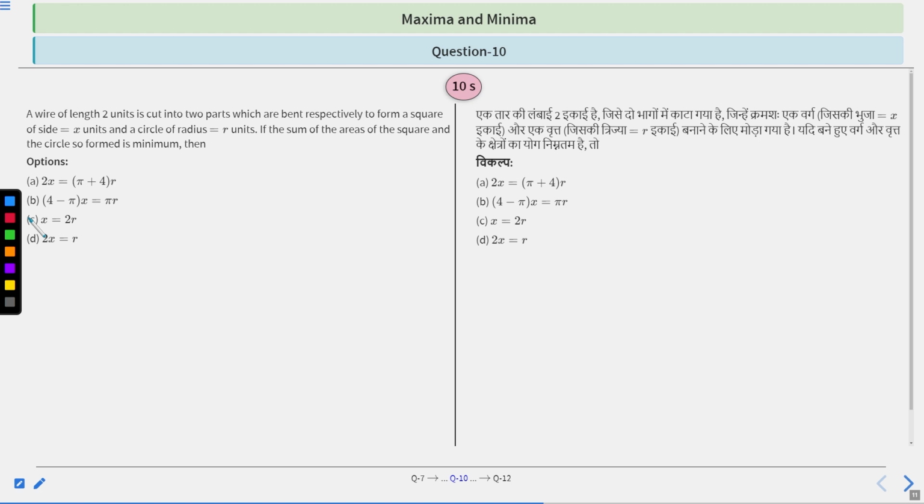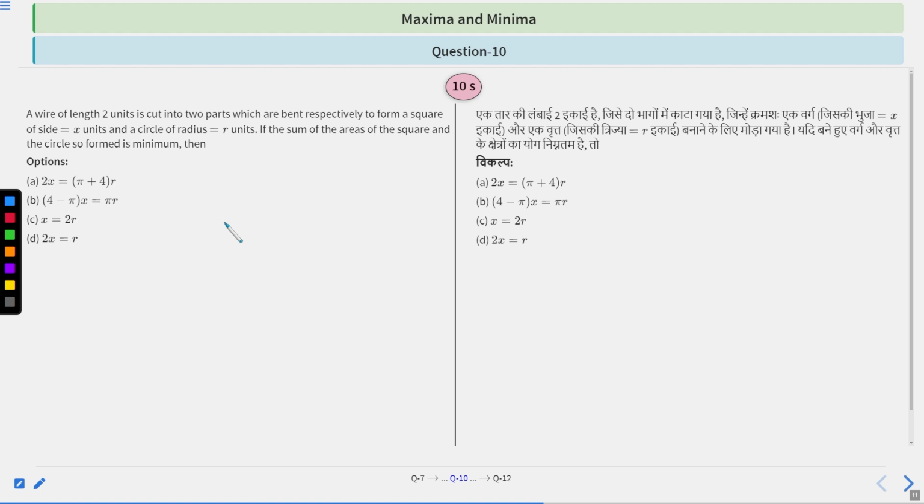Now, if the sum of the areas of the square and the circle so formed is minimized, we have to minimize pi r square plus x square, right? We have to minimize this function pi r square plus x square. So we must convert this, since the parameter is given, we must convert the area in terms of either x or r.